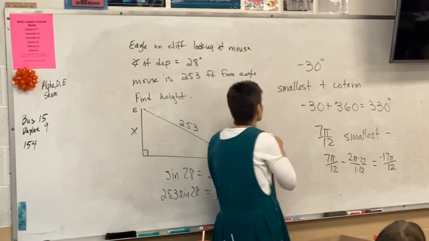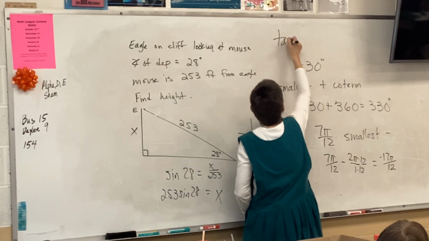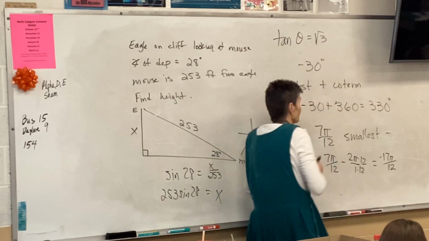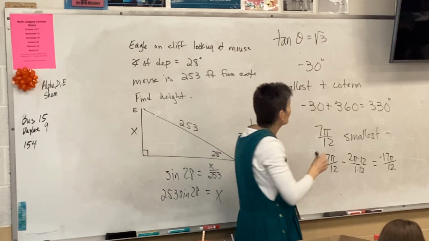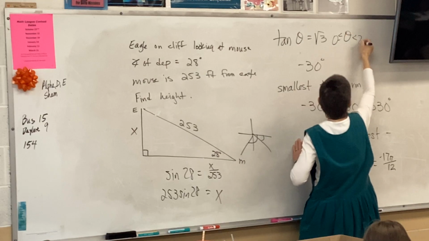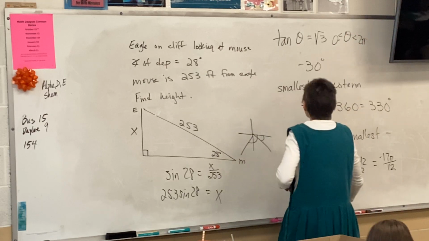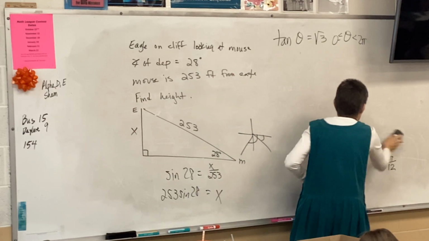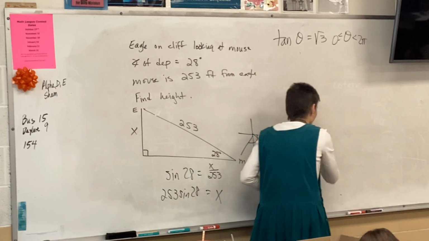Okay, so somebody tells me that the tangent of the angle is √3, and the angle is between 0 and 2 pi, and we want to know what the angle is. So we're working backwards.